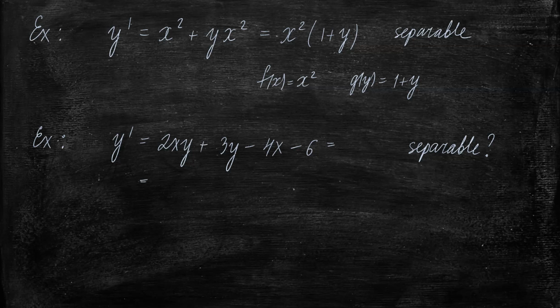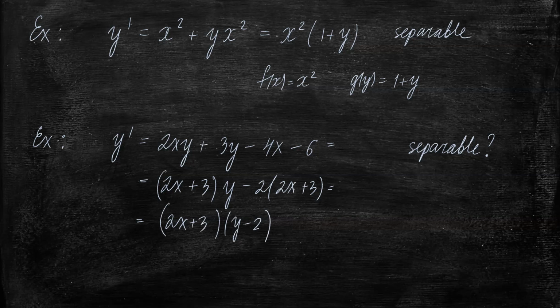Because we can factor out y over here, negative 2 over here, and factor out 2x plus 3, y minus 2, and the answer is it is separable because it is the product of a function of x, 2x plus 3, and a function of y, which is y minus 2.